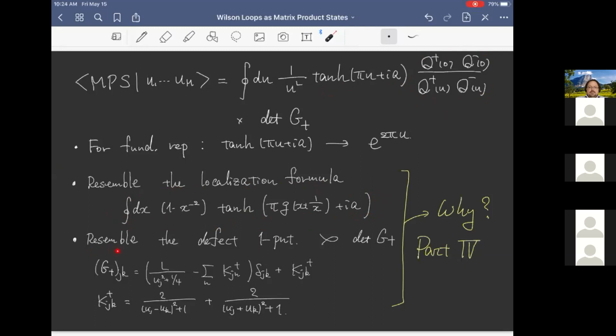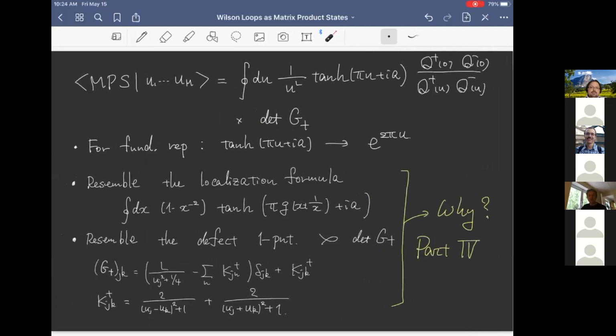And it also resembles the defect one-point function studied by those people because it basically contains the same Gaudin-like determinant. If you're curious, this is the explicit expression. Now the question is why this formula looks like a hybrid of the two. And explaining that is the main part of my talk.